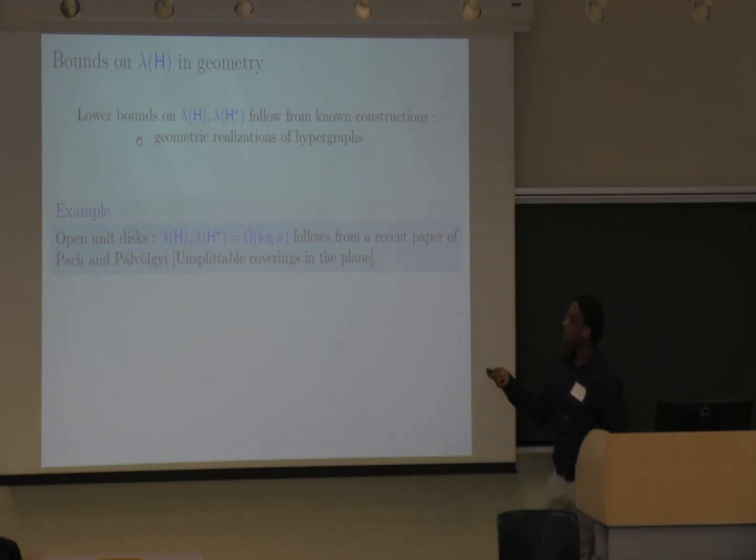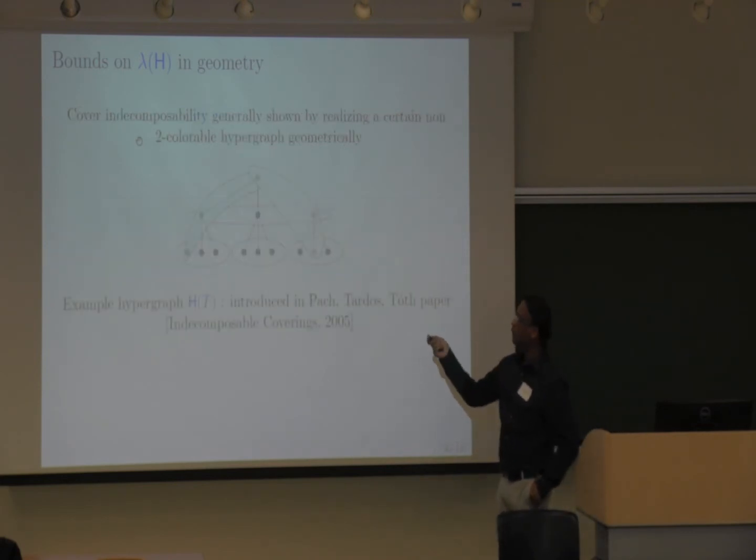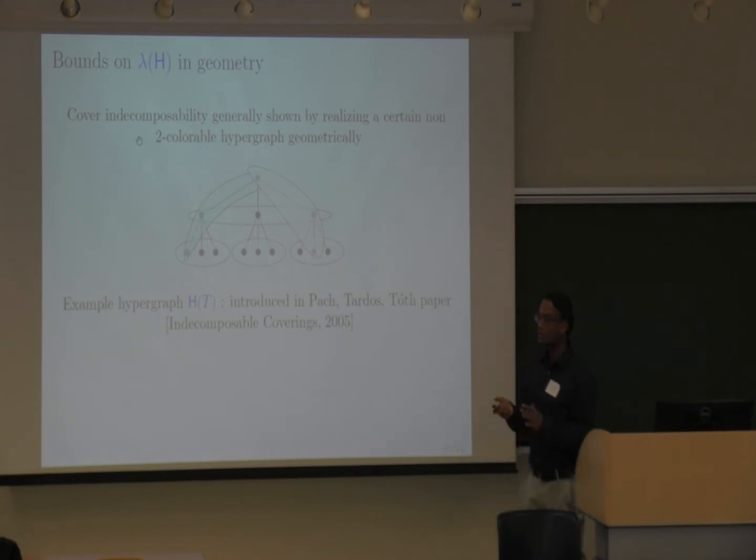So in their paper, Indecomposable Coverings, Pach, Tardos and Tóth had tried to establish that the hypergraph of axis-parallel rectangles could possibly realize this particular hypergraph. And they left it undecided.